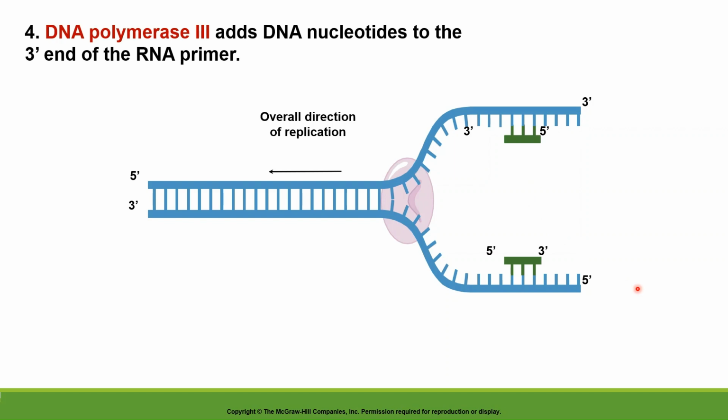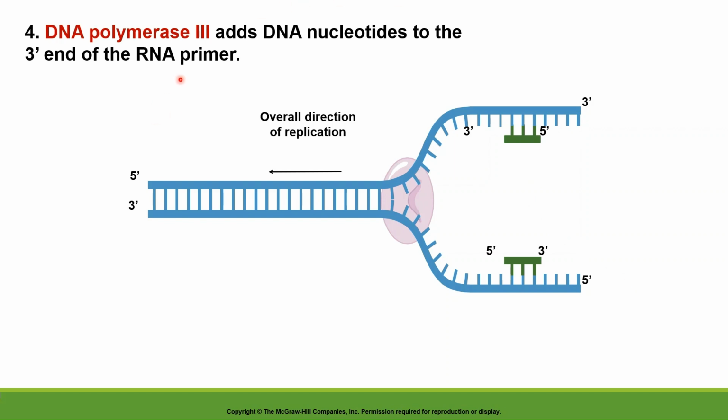And this is going to be the real workhorse of this process. It, like primase, also synthesizes a new strand of nucleotides. However, it does so with DNA nucleotides. So finally, we're starting to build it in the code that we need to build it if we want to replicate this DNA and if we want to pass some DNA to the next generation.